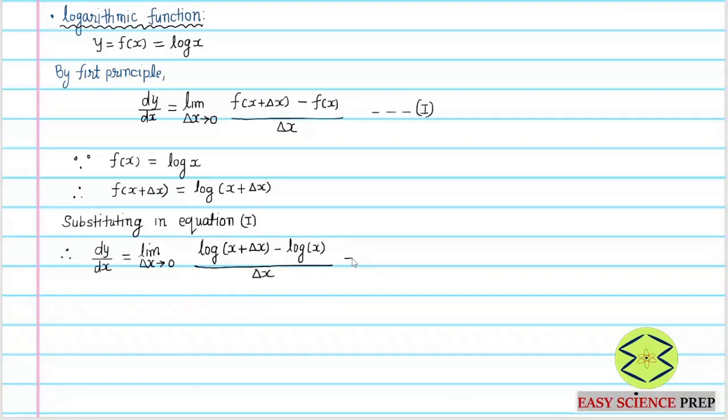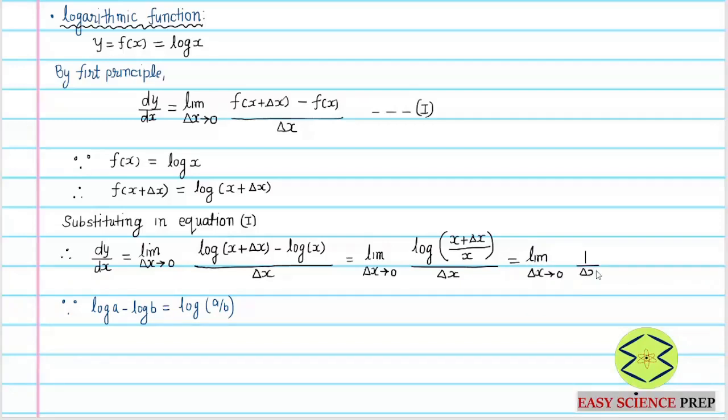Since natural log of a minus natural log of b is nothing but log of a divided by b, if you use this result, this can be further written as limit delta x tends to 0 of 1 over delta x log of x plus delta x over x.